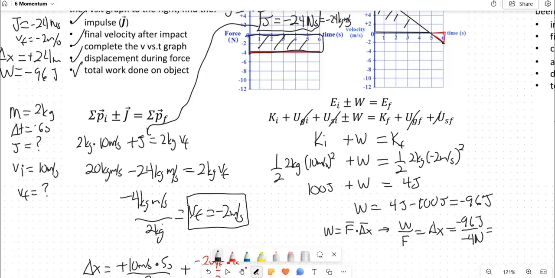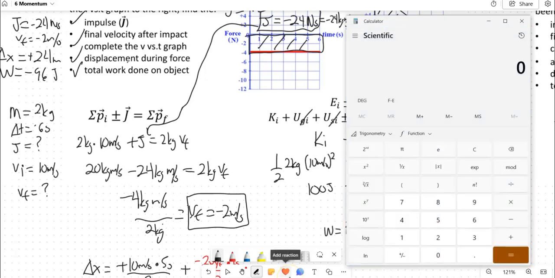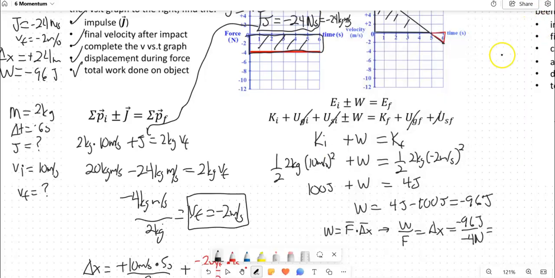And so 96 divided by 4 equals 24. So since those are both negative, it's now positive.